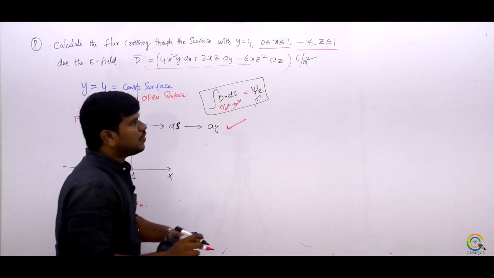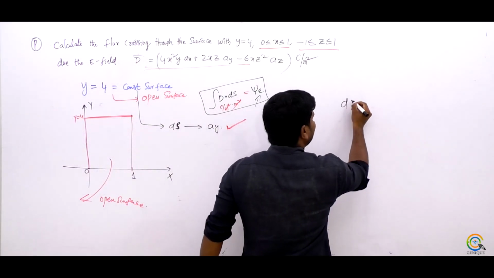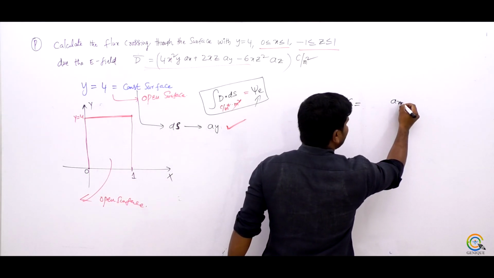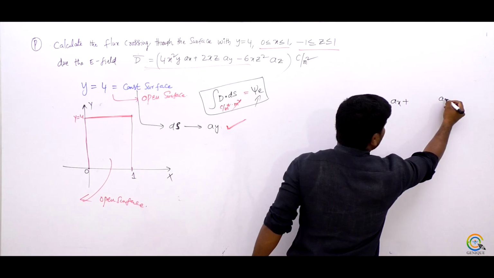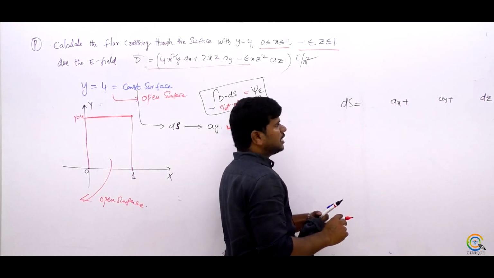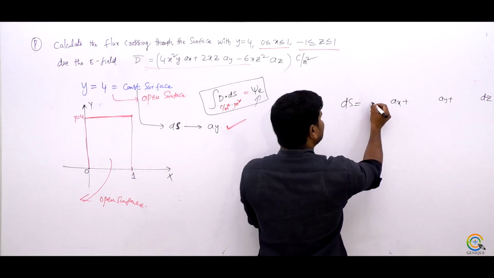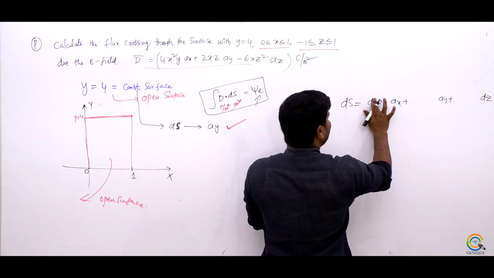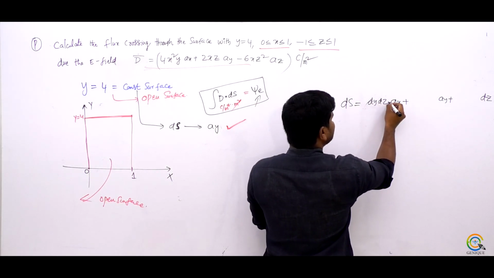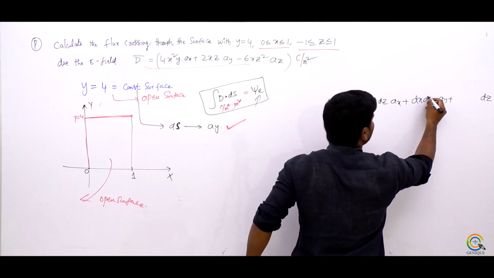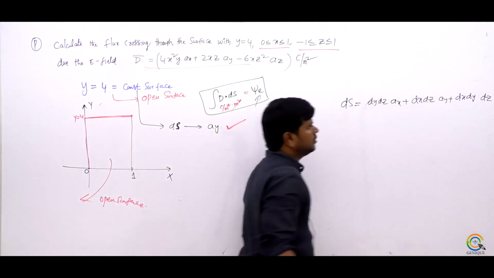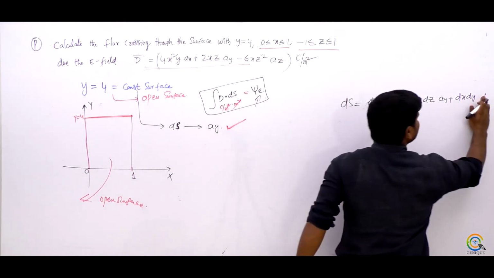But what is the surface area in Cartesian coordinates? The surface area in Cartesian coordinates is in the direction of x plus in the direction of y plus in the direction of z. It is dy dz ax, dx dz ay, dx dy az. Sorry, this is az.